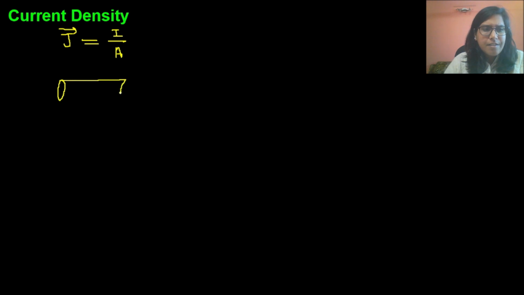Now the current density. First of all, this is a vector quantity, and this is I upon A. Suppose this is a cross section, this is the current I, and this is the cross section A. Then the current density, which is denoted by J, will be I upon A, and the direction of J will be the direction of the current.